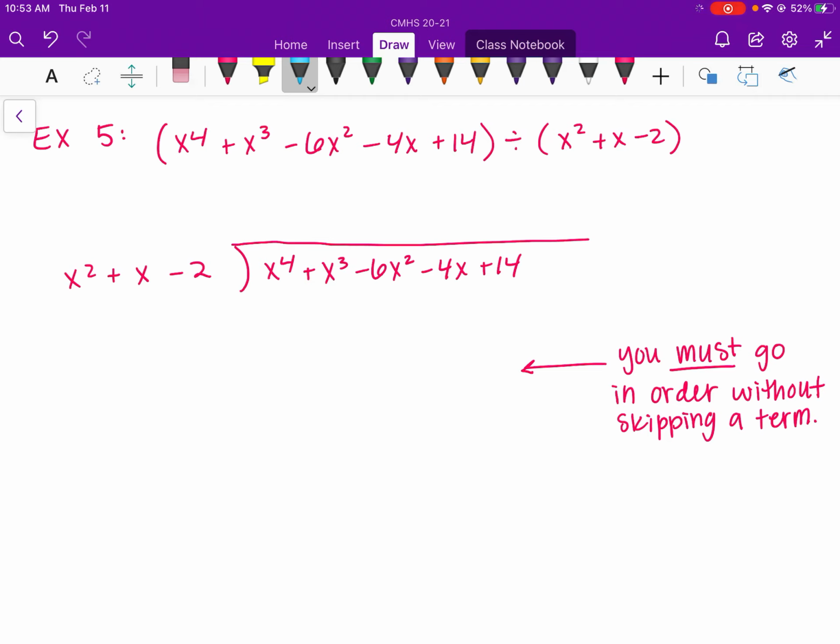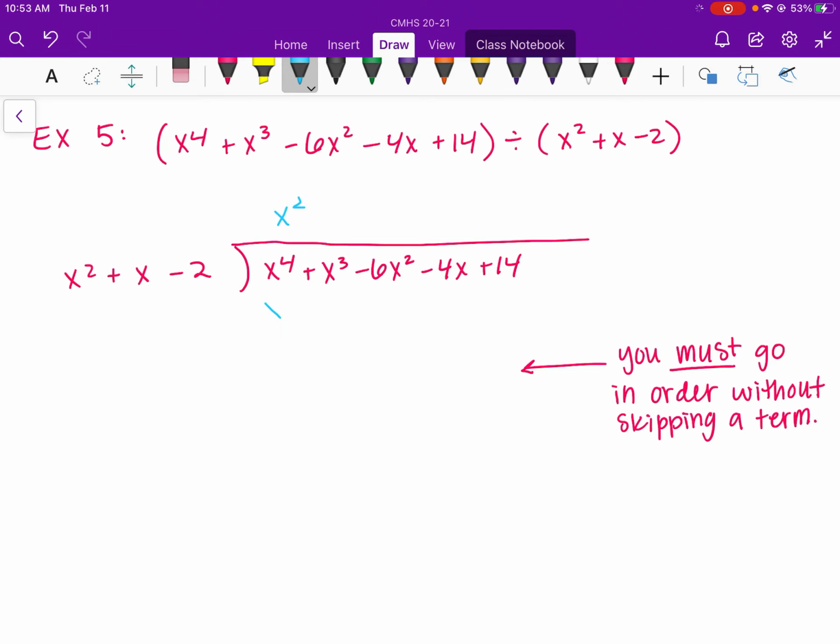So this time it's a trinomial that we're dividing by, which is okay. We can still do that. So step 1. What multiplies by x squared to get x to the fourth? And that is x squared. So let's multiply that x squared by everything on the left.